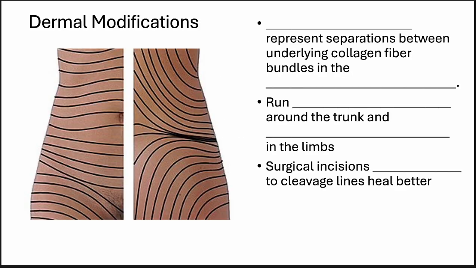So first of all, dermal modifications result in characteristic skin markings. The separations or less dense regions between bundles of collagen fiber are known as cleavage tension lines. These are going to be due to the collagen fibers that you find in the dermis.